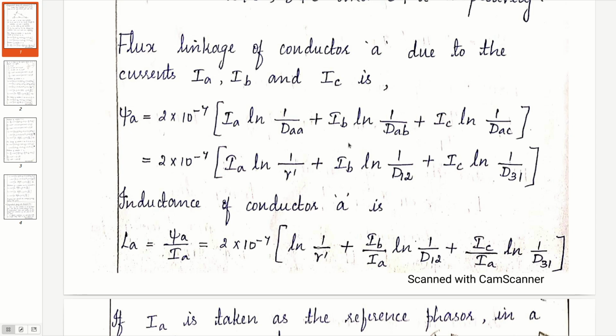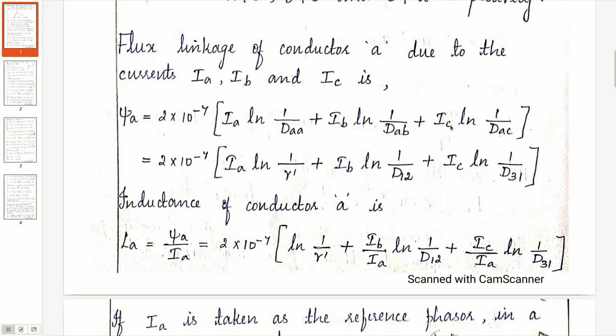Here n is equal to A, and P is A, B and C. The first term corresponds to P is equal to A, and for all the three terms n will be equal to A. So for P is equal to A, IP is IA, ln 1 by dAA. The second term corresponds to P is equal to B: IB ln 1 by dAB.